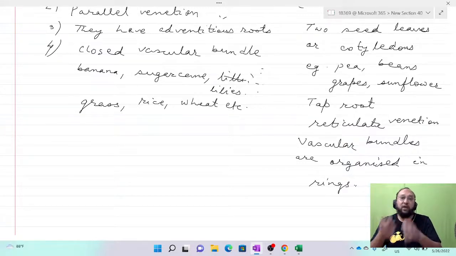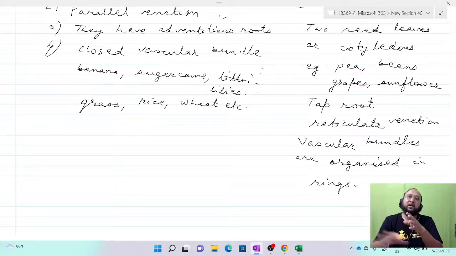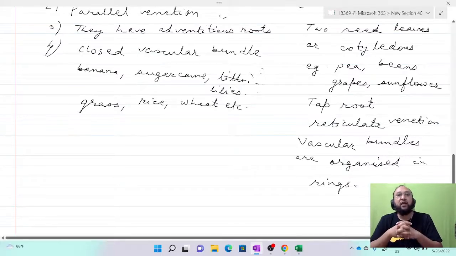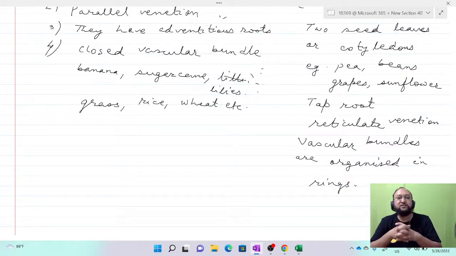And in some flowers which are aquatic angiosperm plants, pollination may take place by the flow of water also, that is called hydrophily. Okay, and the pollination that takes place by wind is called anemophily, and the pollination which takes place with the help of different insects, bees, flies, etc., is called entomophily.